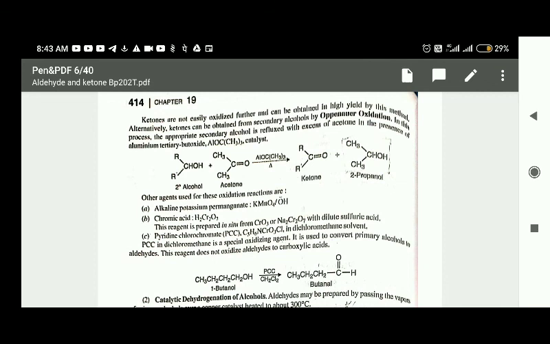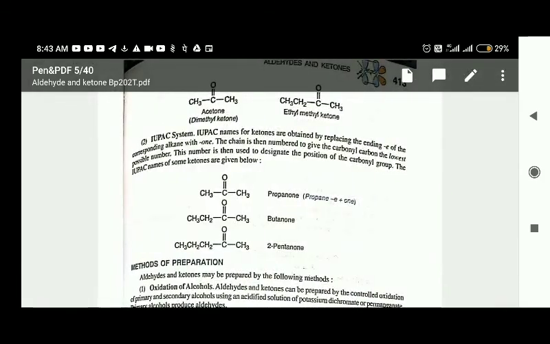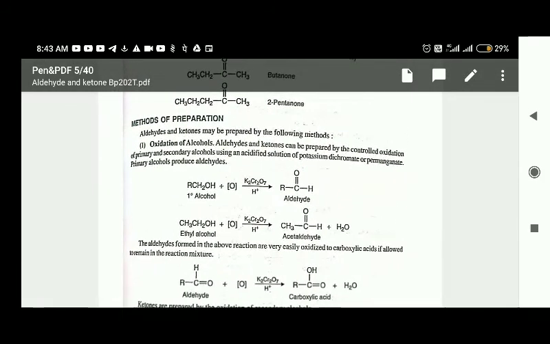This is the reagent for Oppenauer oxidation. You are again going to form the aldehyde and ketones upon Oppenauer oxidation. So this is the oxidizing agent. You know that primary alcohol gives aldehyde, secondary gives your ketone. So I have already discussed with you.